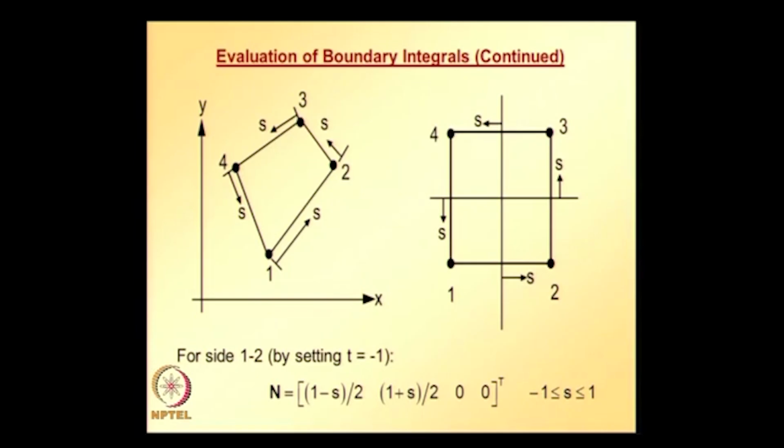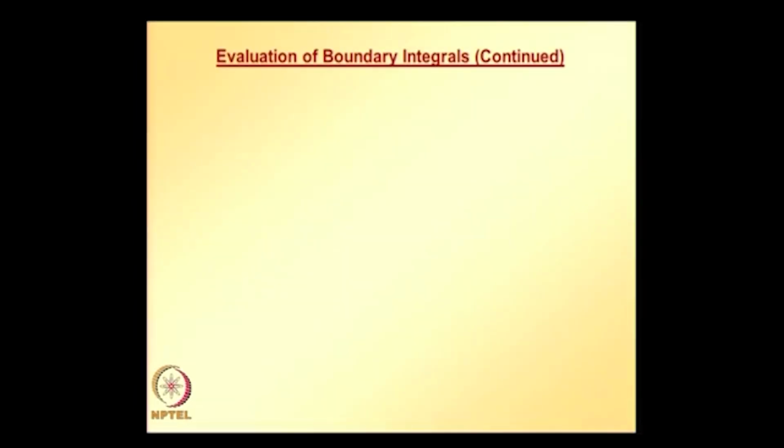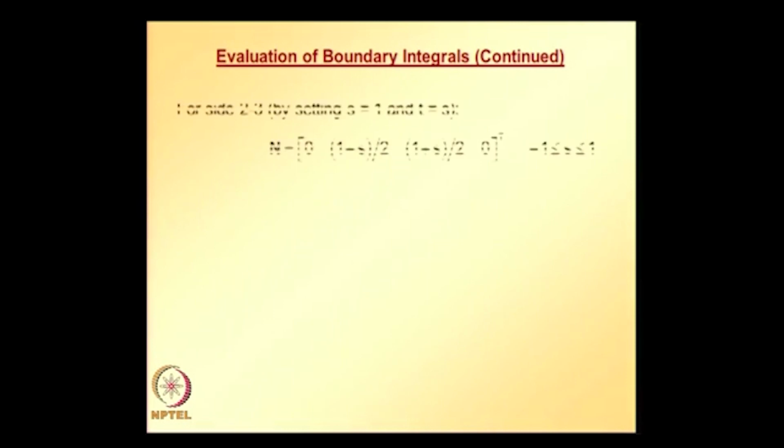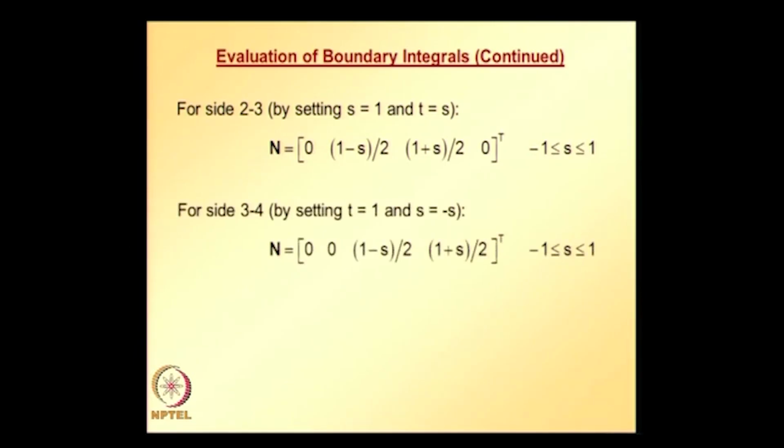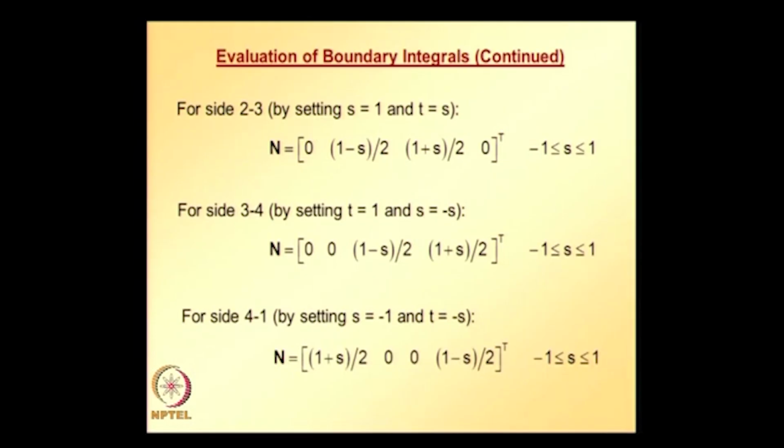This is how shape function vector is going to look for side 1 2, where s goes from minus 1 to 1. Similarly for other sides, side 2 3, 3 4 and 4 1, we can write shape function vector by substituting the corresponding values of s and t.